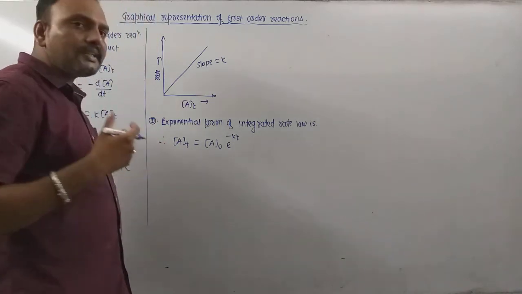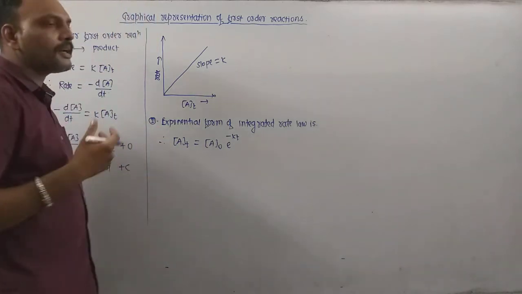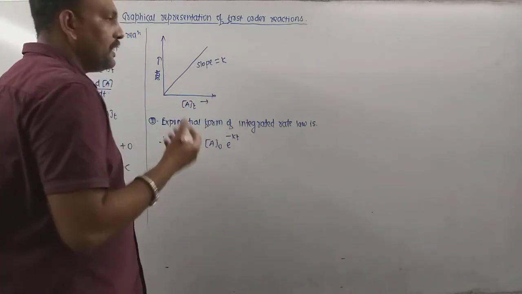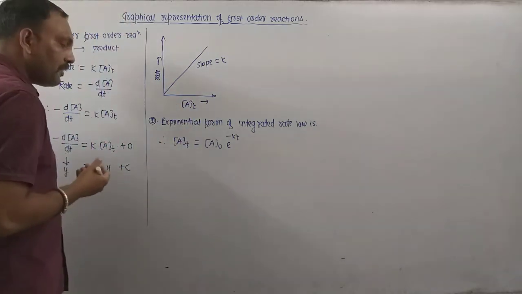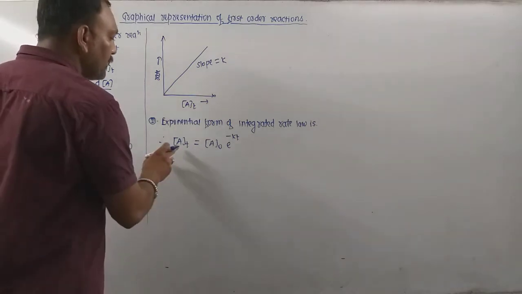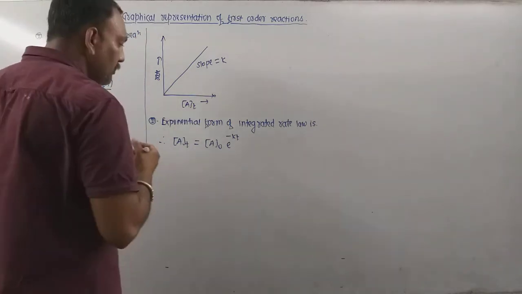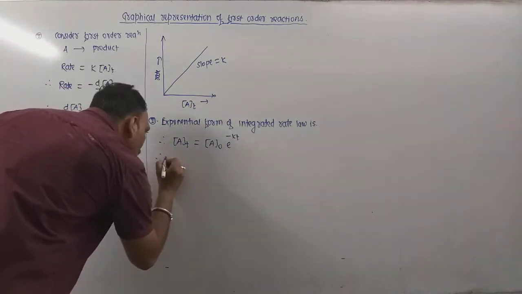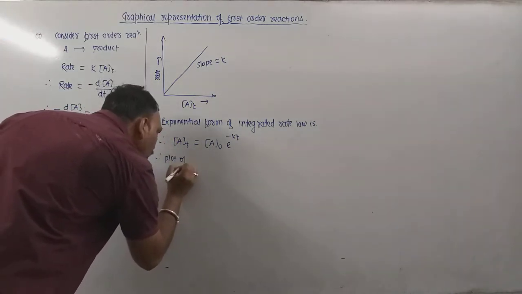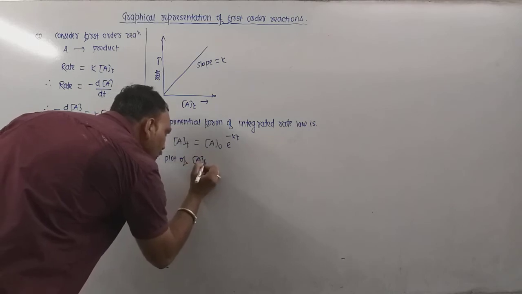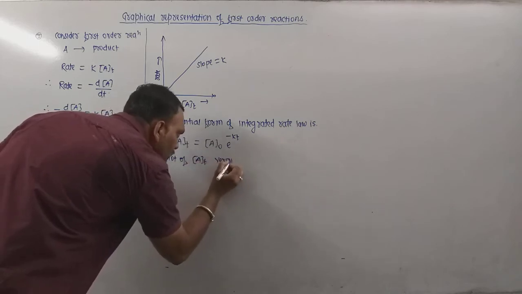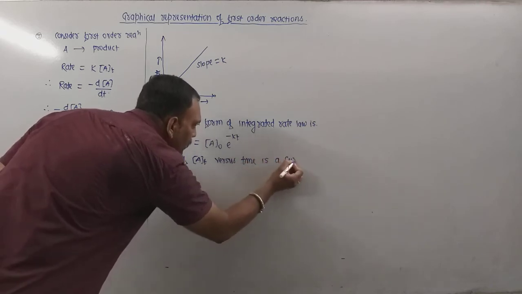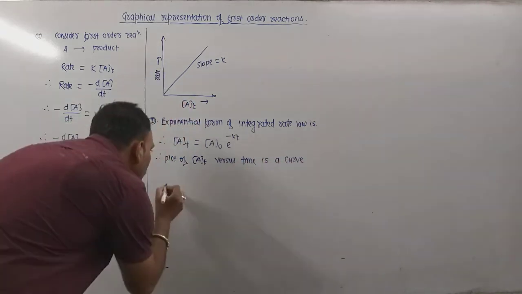Now this clearly suggests that the concentration of reactant decreases exponentially with time. Hence when we plot concentration of A at t versus time, a curve is obtained. How can we show that?